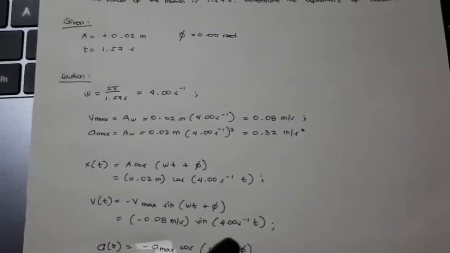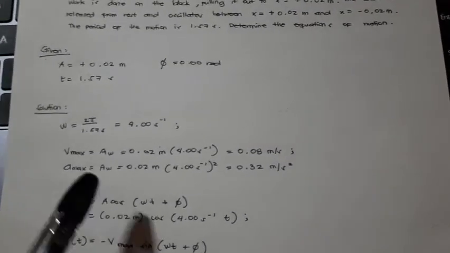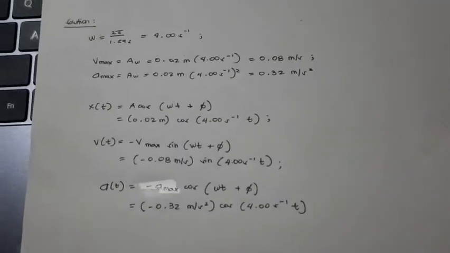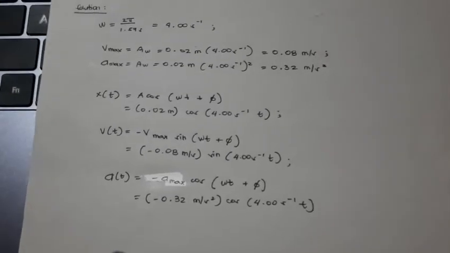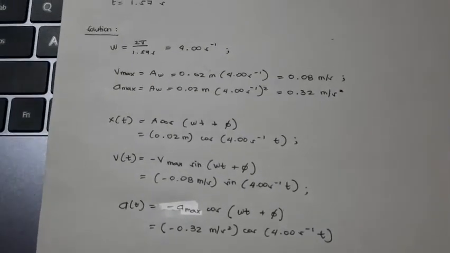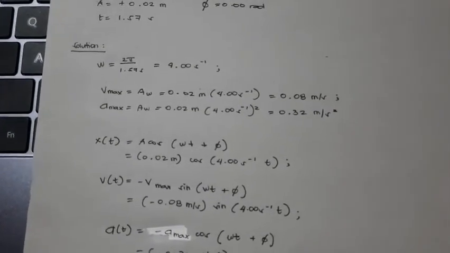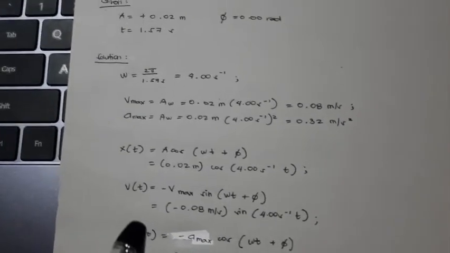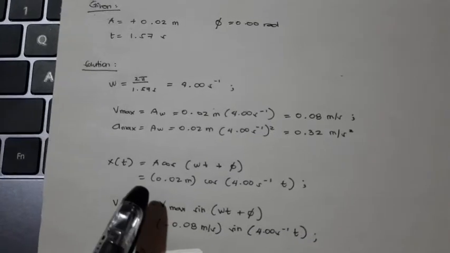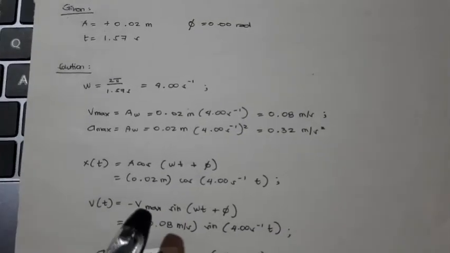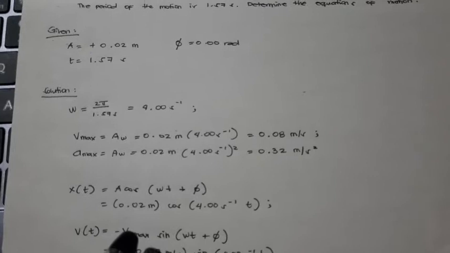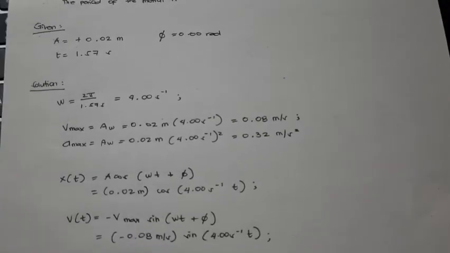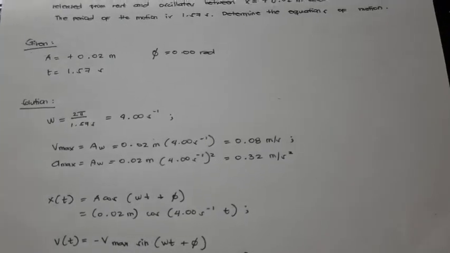Then after getting all of that, the next step is to fill in the equations of motion. First, the equation of position as a function of time, which equals A cos of omega t plus phi.